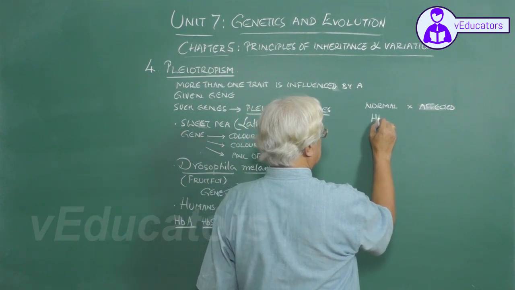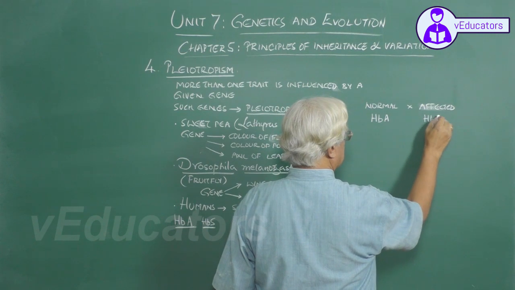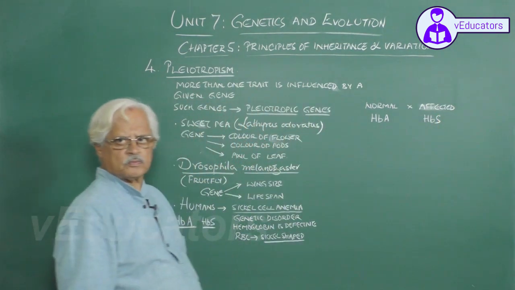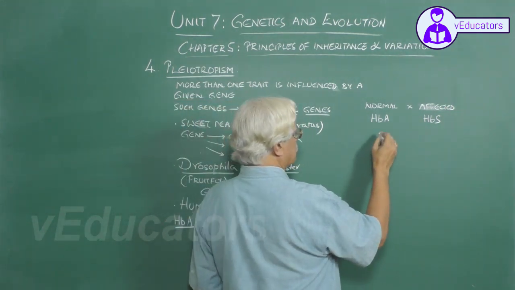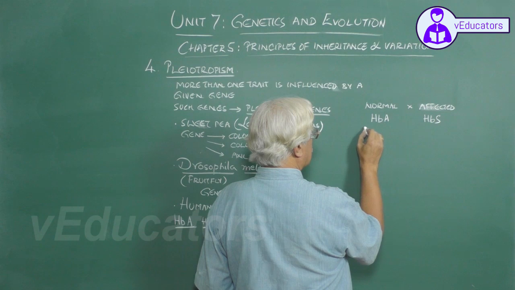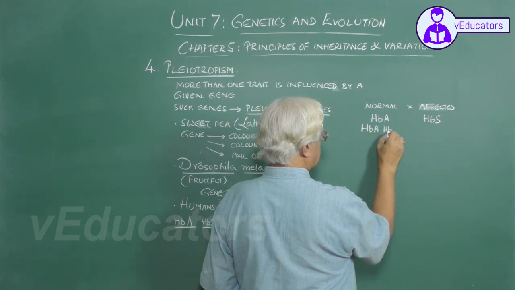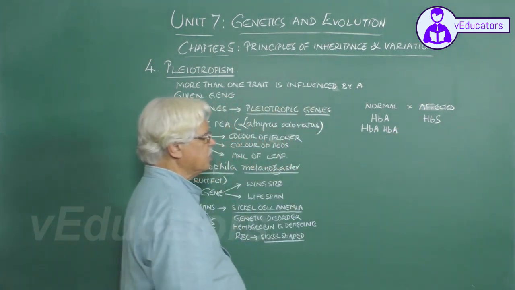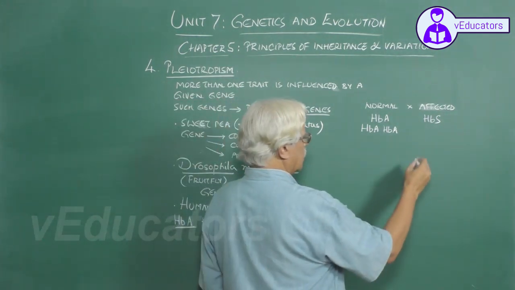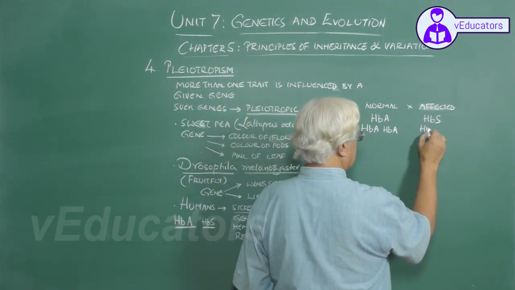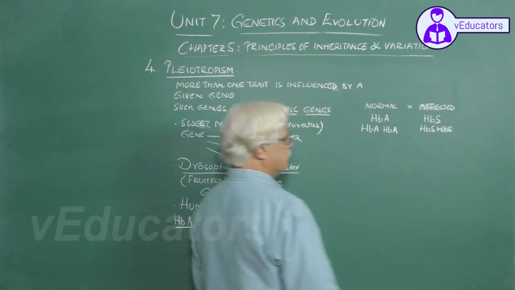We will represent this as HbA and this as HbS. Assuming that this individual is homozygous for this condition, and this individual obviously is heterozygous for this condition.